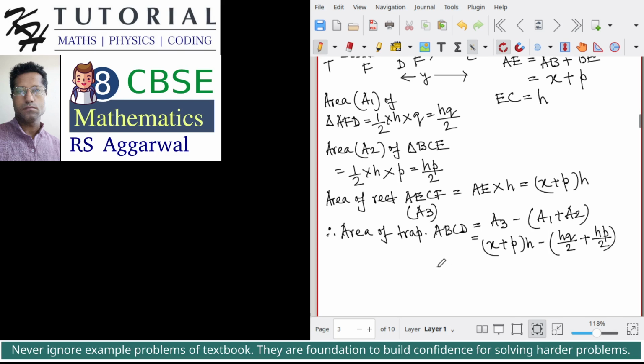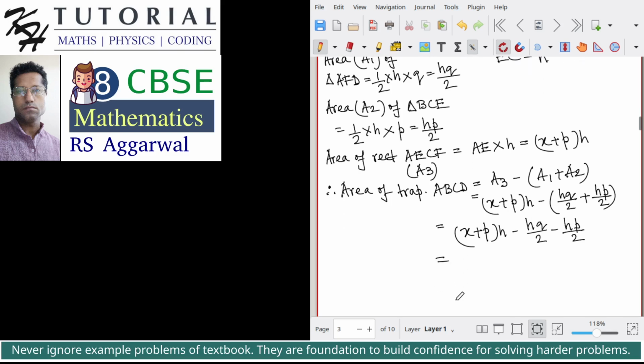Okay, so this is equal to X plus P multiplied by H minus HQ by 2 minus HP by 2.